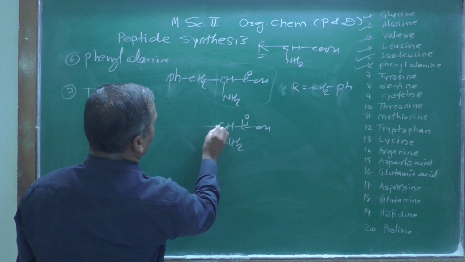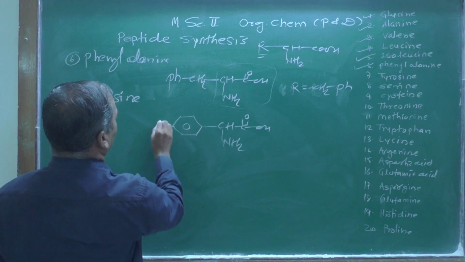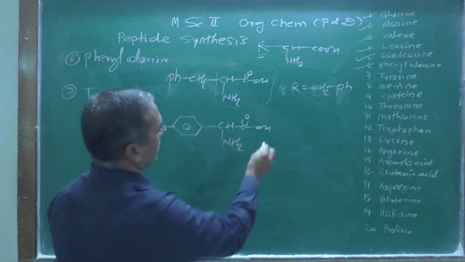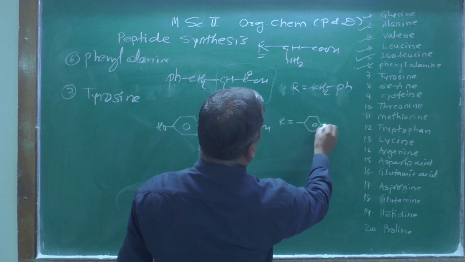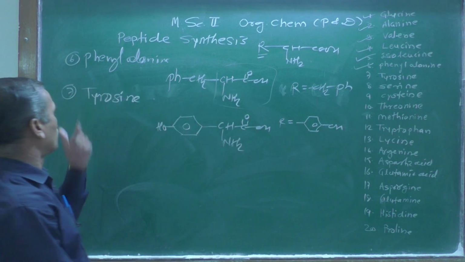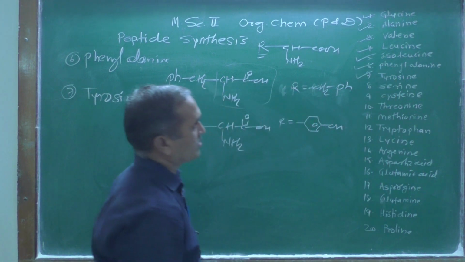This group remains as it is. There will be a phenol attached to this, and R is this phenol type of group, and that is known as tyrosine. We have seen the structure of tyrosine.